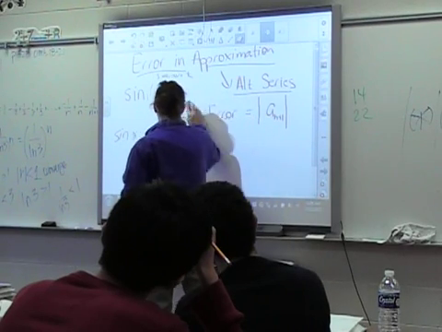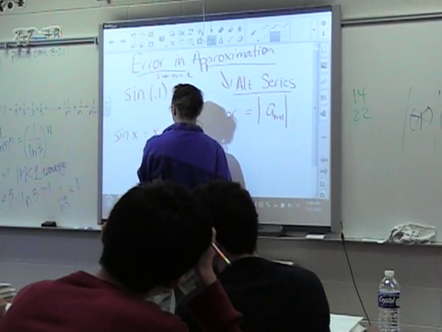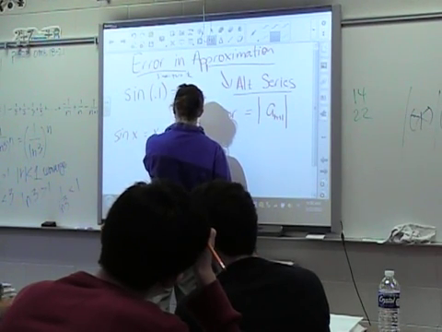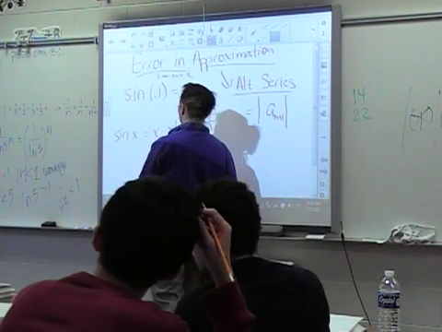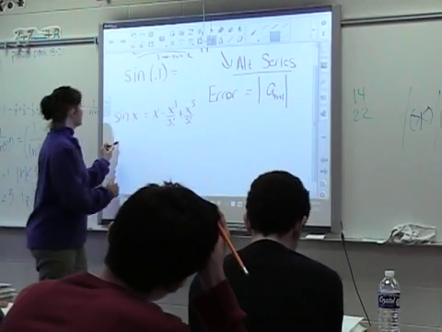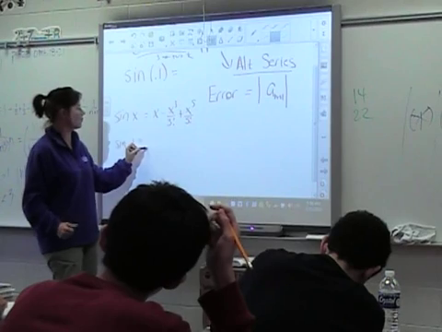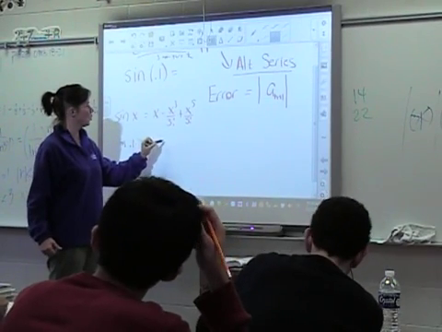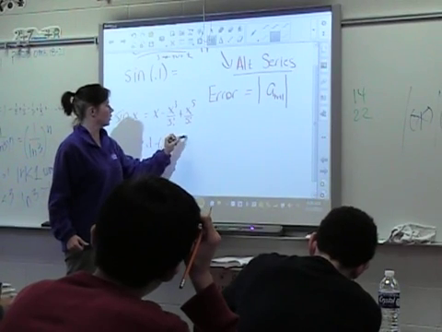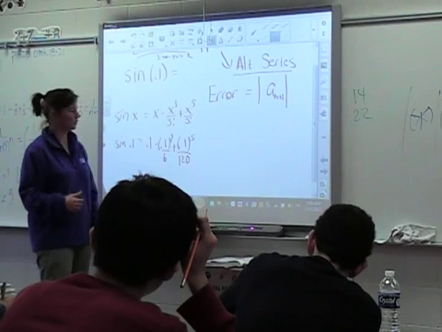I did that on purpose to make sure y'all are paying attention. So sine of 0.1 is going to be 0.1 minus 0.1 cubed over 6 plus 0.1 to the 5th over 120.